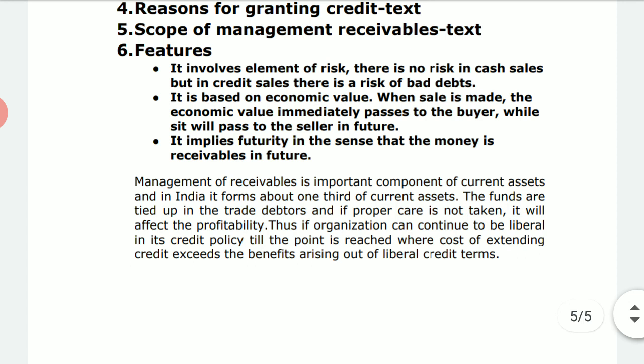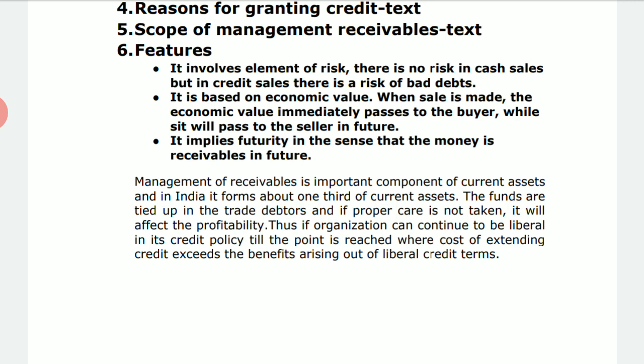There is an example provided in your text, and we are referring to the same. On page number 204 there is a table divided into 3 columns: aging period, outstanding amount of receivables, and percentage of receivables. That means how much you have been able to receive.